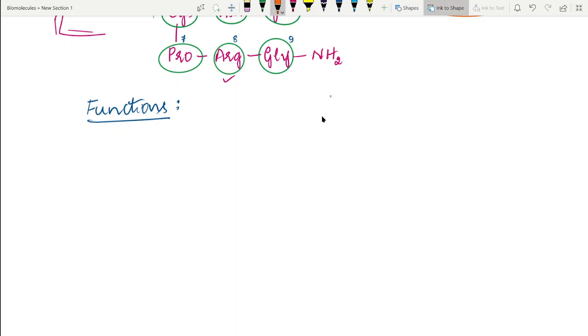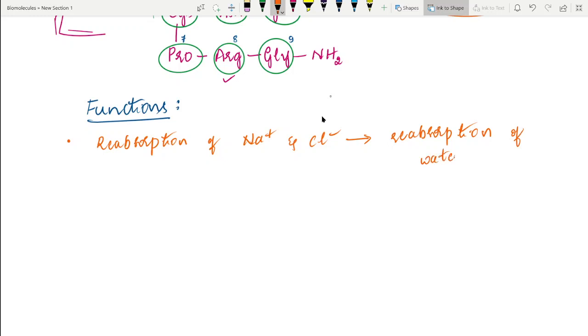It means vasopressin stimulates the collecting tubules of the kidney and allows the reabsorption of sodium ions and chloride ions from the kidney tubules, especially from the cells of the collecting tubules, and thereby it allows the reabsorption of water mainly from the kidney.